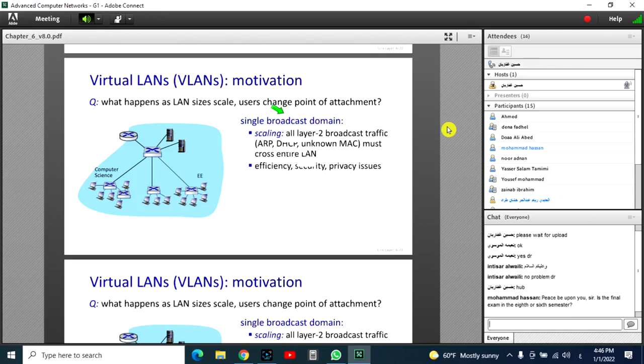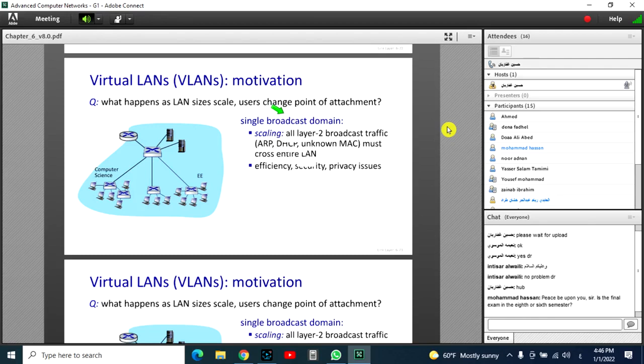But I'm in layer 2, and according to the broadcast rule, the switch will forward broadcast messages, broadcast frames, to all of its interfaces, because it's a broadcast frame.